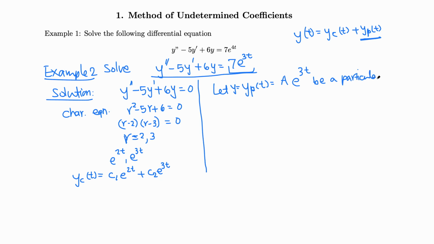Now we're going to plug this in. We need y prime and y double prime. So this is y. Let's find y prime. The derivative is 3a e^3t. We also need the second derivative. That will be 3 times 3, 9a e raised to 3t.